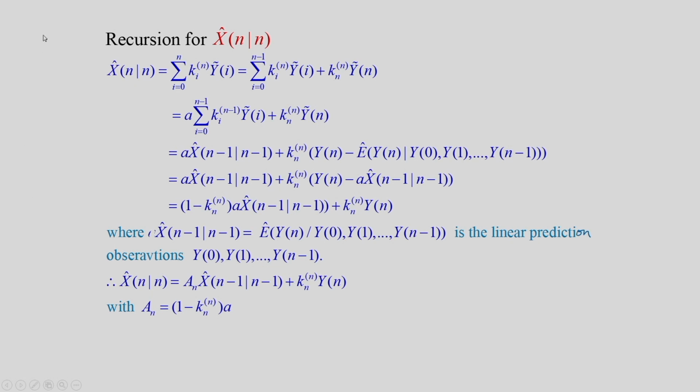So, the current estimator is either A times x at n minus 1 given n minus 1, the previous estimator, plus Kalman gain times the prediction error. This part is the prediction error.